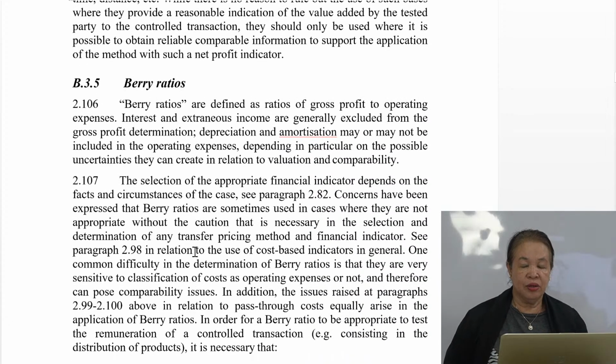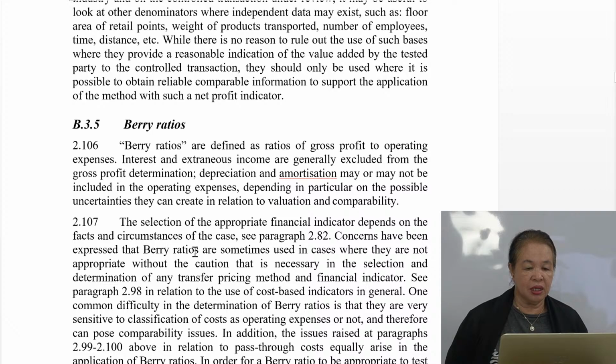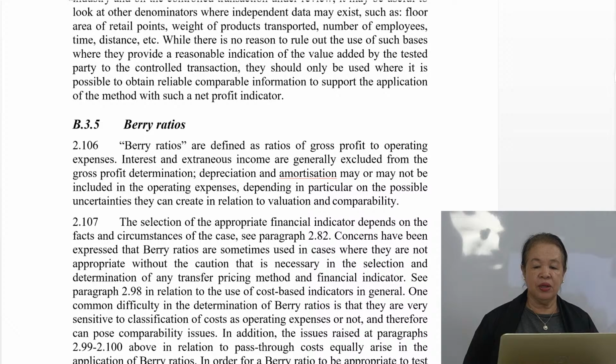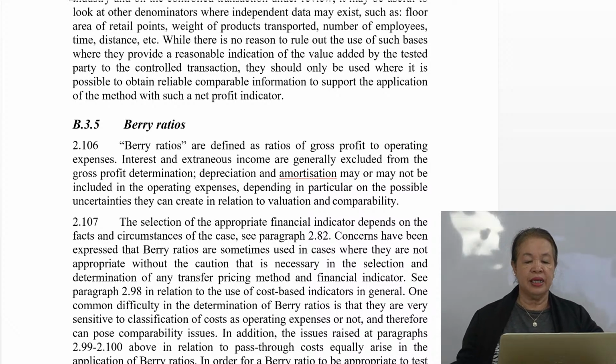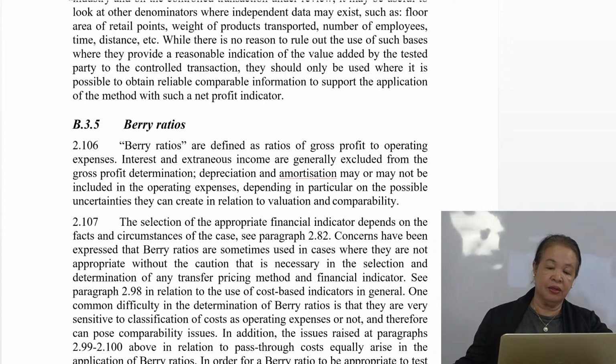So the number of employees can be one of your variables. While there is no reason to rule out the use of such bases where they provide a reasonable indication of the value added by the tested party to the controlled transaction, they should only be used where it is possible to obtain reliable comparable information to support the application of the method with such a net profit indicator. So what other net profit indicators are there?